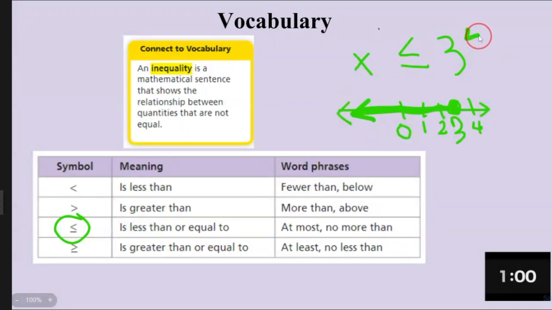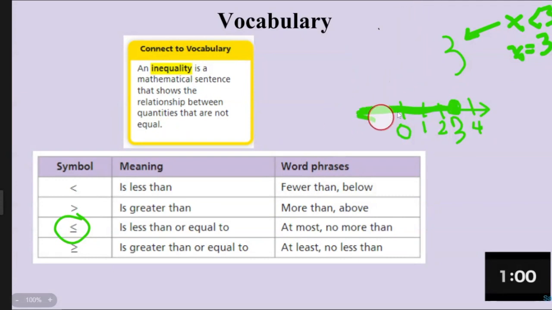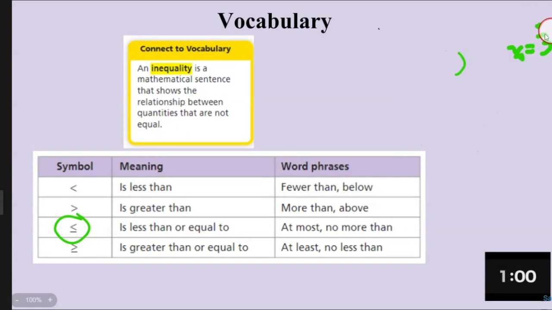So remember, when we see that, this means that x is less than 3, but it's also true that x is equal to 3. So we combine this in the symbol less than or equal to. Key phrases to look for here are at most or no more than, and this indicates that we can use the less than or equal to symbol.